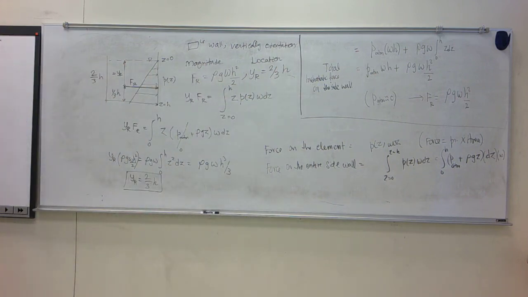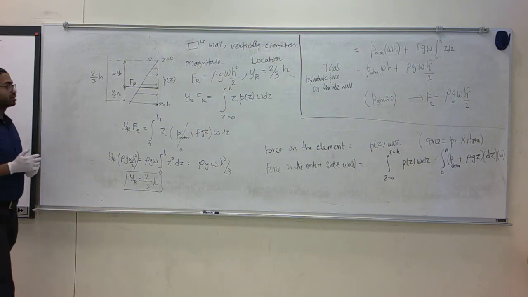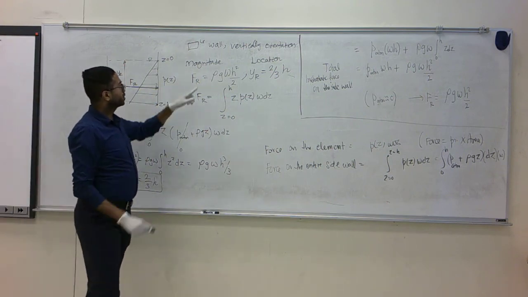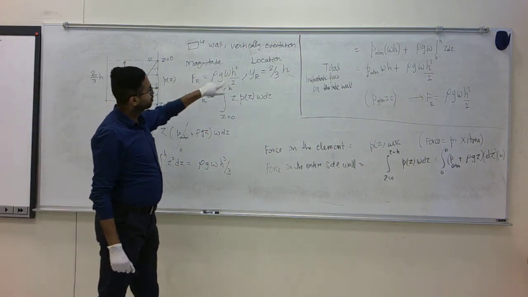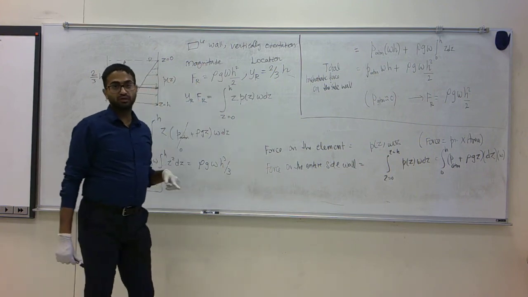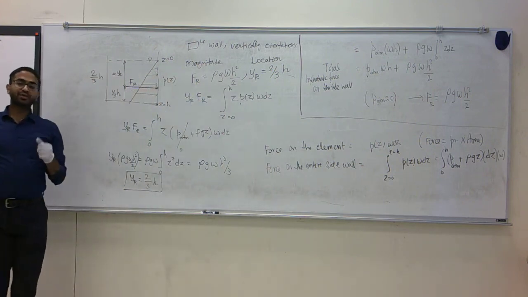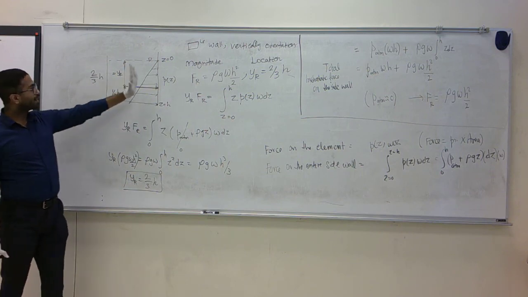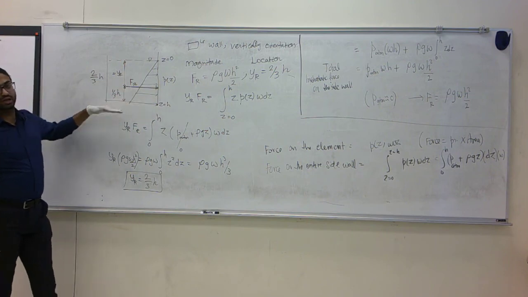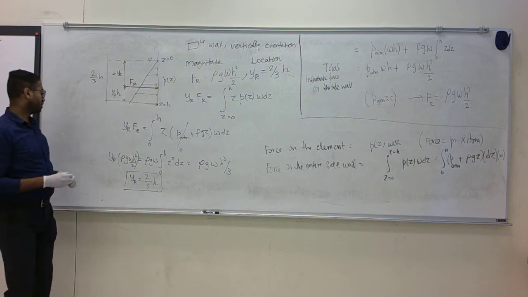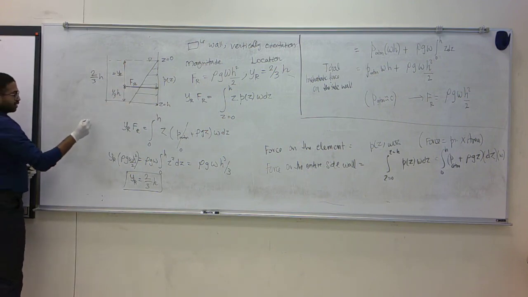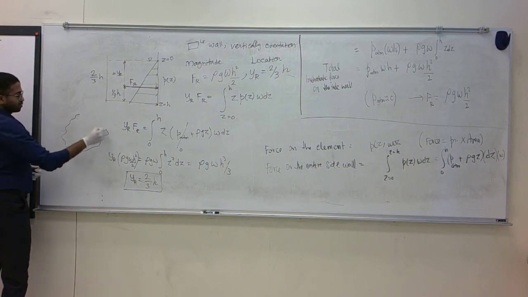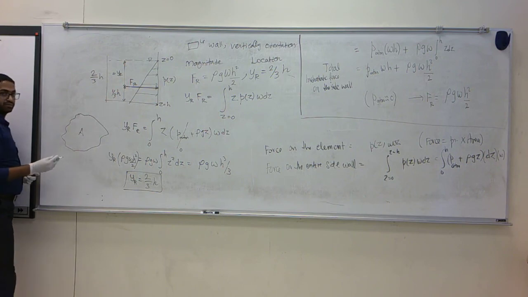Now the next thing that we want to discuss is how to compute the magnitude of the force and the location of the resultant force when you have surfaces that are not rectangular and that are not exactly vertical or horizontal, which are the simple cases. So how do we treat surfaces that are of arbitrary area and that are inclined arbitrarily?